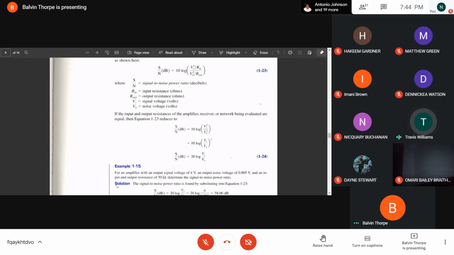I wanted to know if you have to do the noise calculations for the signal over water or trees, like attenuation, if that's required.